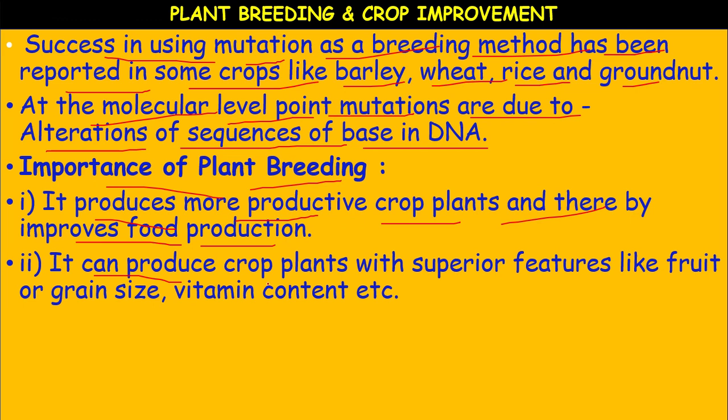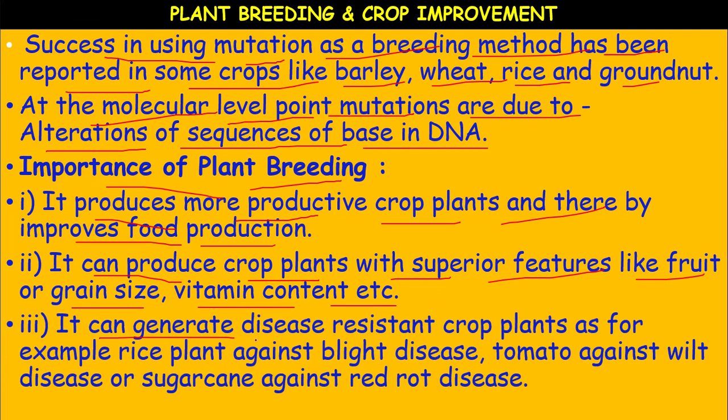It can produce crop plants with superior features like fruit or grain size, vitamin content, etc. It can generate disease resistant crop plants, as for example, the rice plant against blight disease, tomato against wilt disease, sugarcane against red rot, which are caused by pathogens, bacteria, fungi, virus.